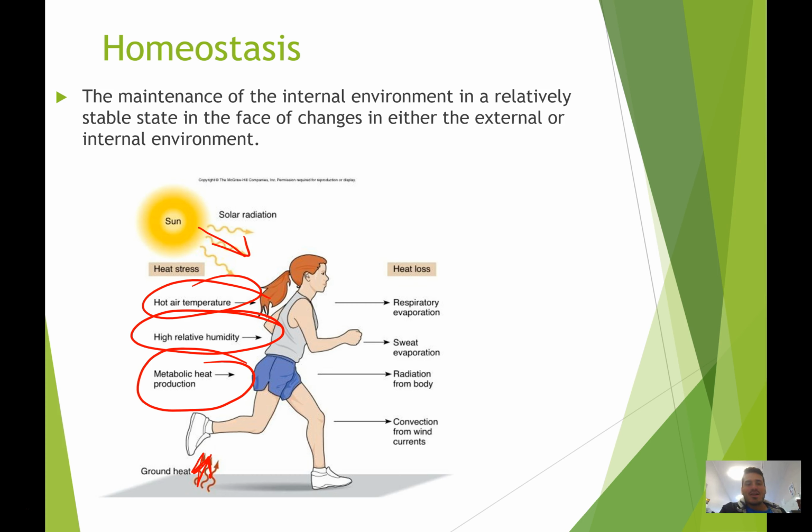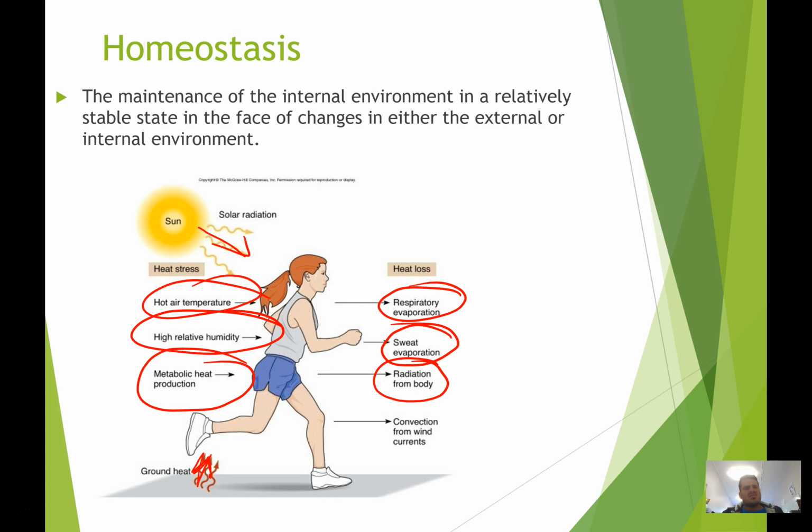So it's really important that our bodies undergo this homeostasis process by doing things such as radiating heat because we have large surface areas, by producing sweat and allowing that to evaporate, taking away the heat from you, and by breathing out literally hot air, which takes away some of that heat from you. All of these are examples of homeostatically regulating your temperature.